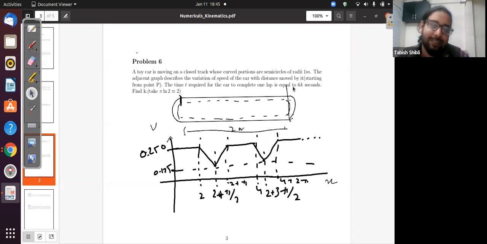So that will be equal to 6 times k, and you essentially need to find k. So go ahead. This is s equal to 0.